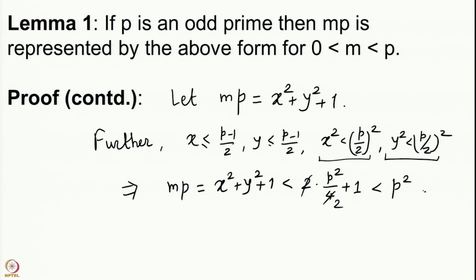So, that would tell you that mp is less than p square and hence m has to be less than p. Since you have mp to be x square plus y square plus 1, therefore mp has to be a number which is bigger than 0. mp cannot be equal to 0.